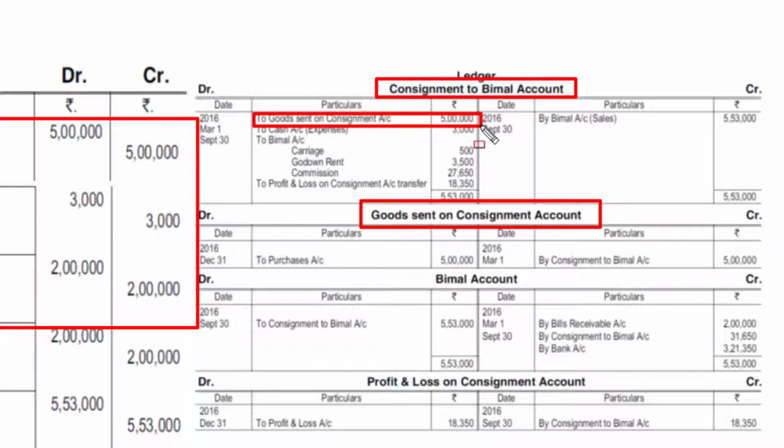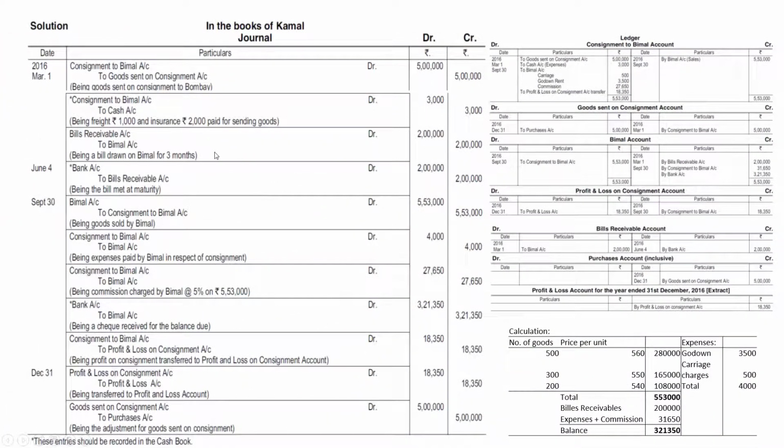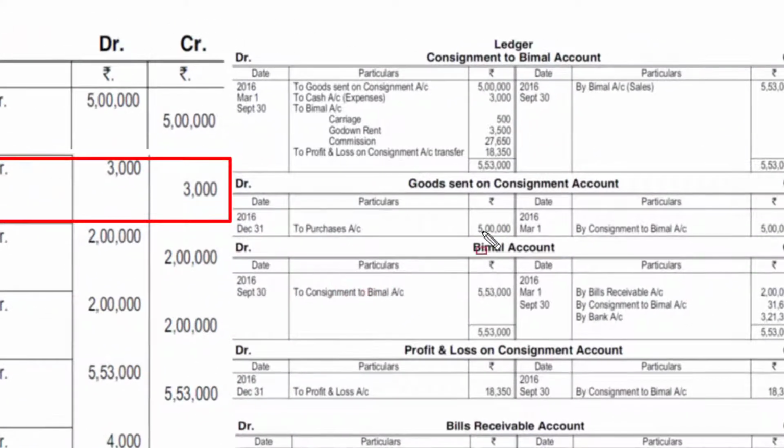This is the record of 5 lakh rupees. The next one is for paying the freight, which is paid by the consignor. The record will be consignment to Bimal account debit 3000 rupees and cash credited 3000, and this record will also be posted to consignment to Bimal account as well as to cash account.